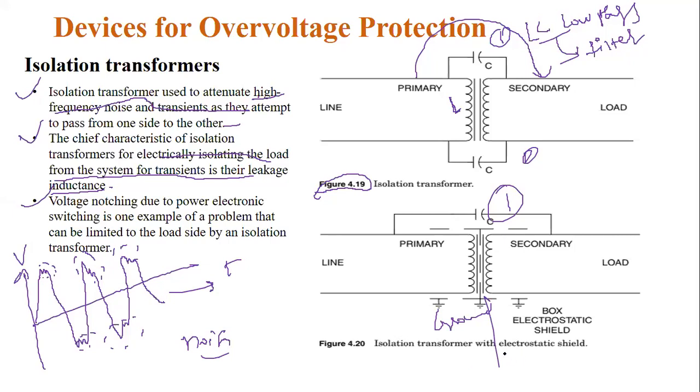That can form the electrostatic field. That can form this path. Now see this path. This path of grounding will provide the electrostatic shield to minimize the transients in the system.